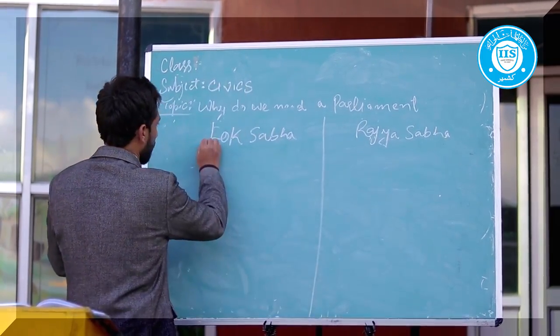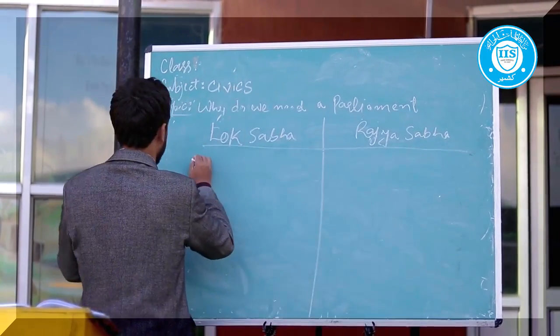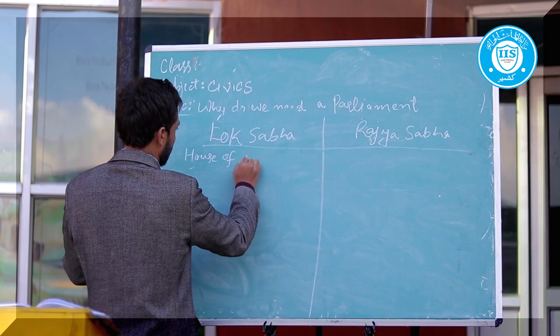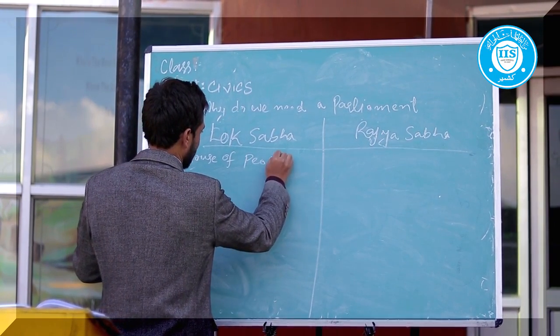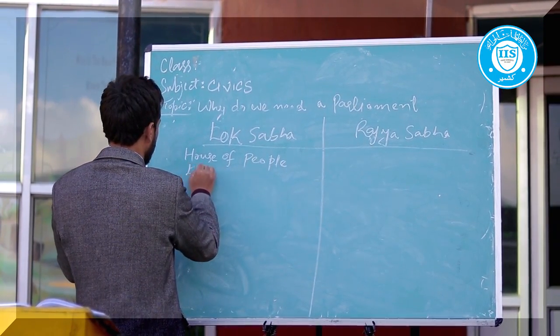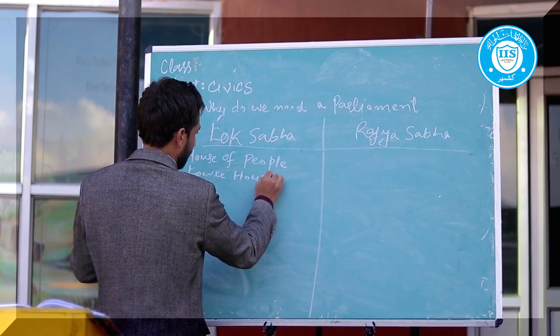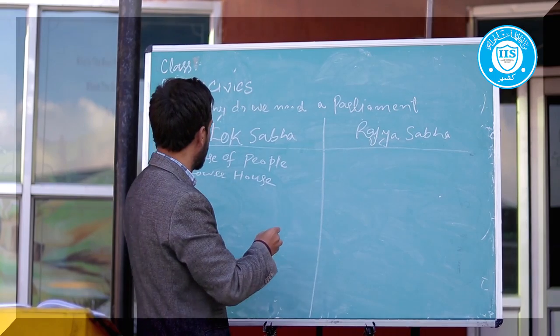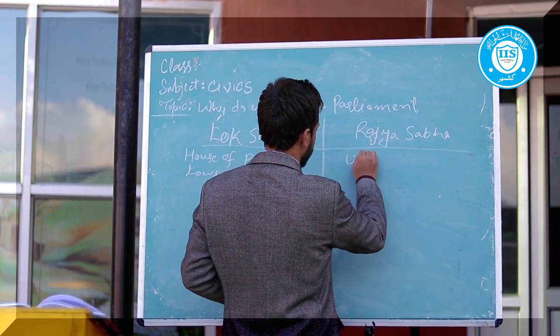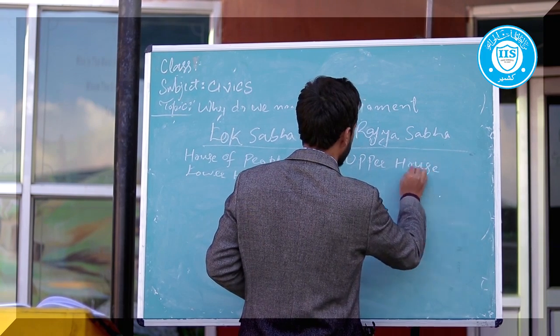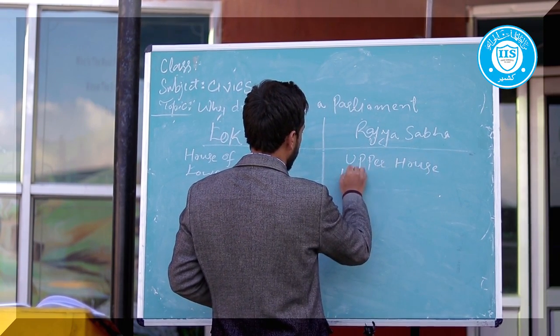As we know, the Lok Sabha is also known as the House of the People, or lower house, and the Rajya Sabha is known as the upper house, and also the House of Elders.